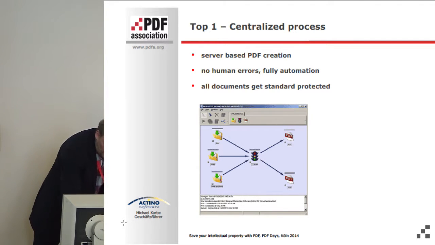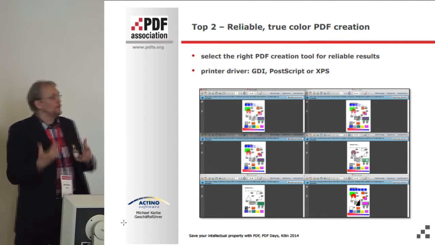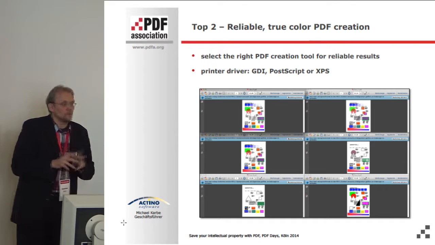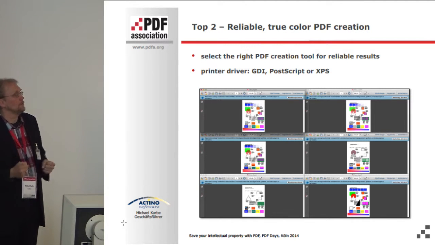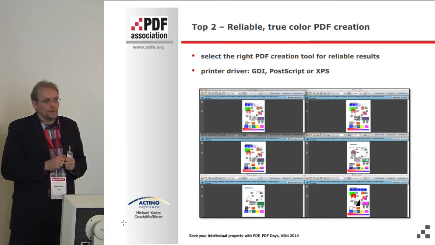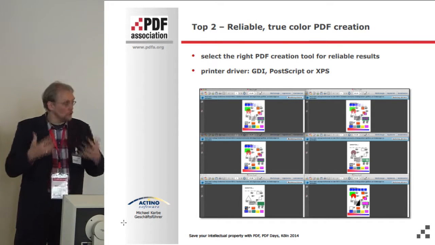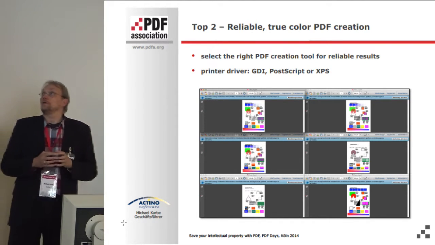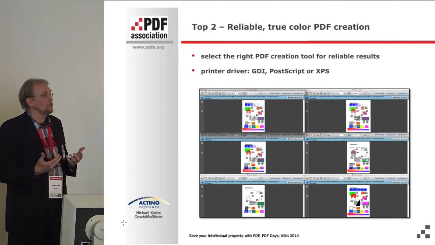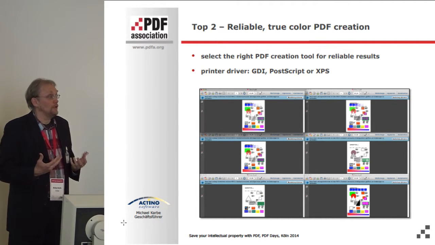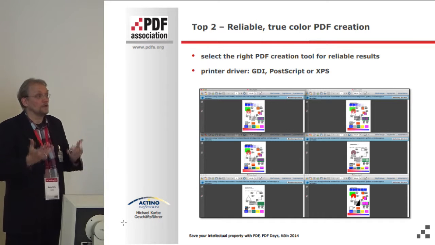But when you have this server process and you would like to provide, for example, a printer to generate documents, we always recommend to use PDF-A as a level of good quality.